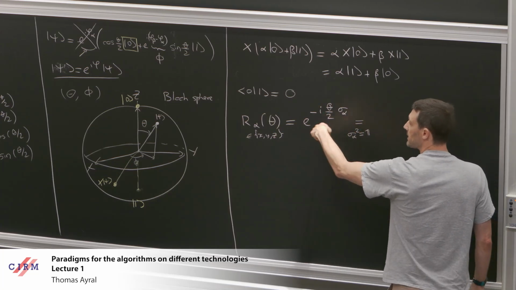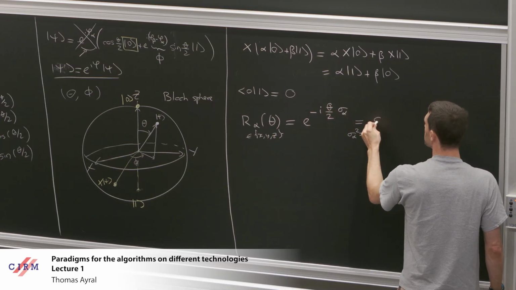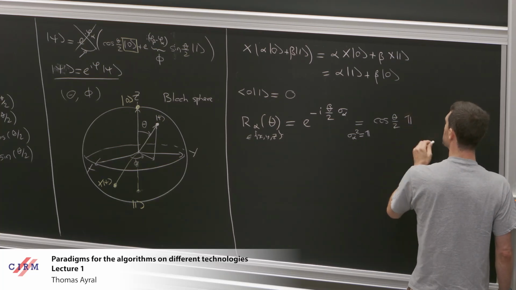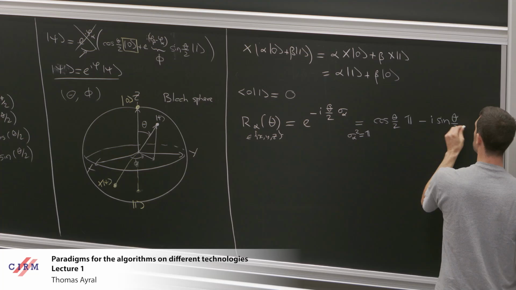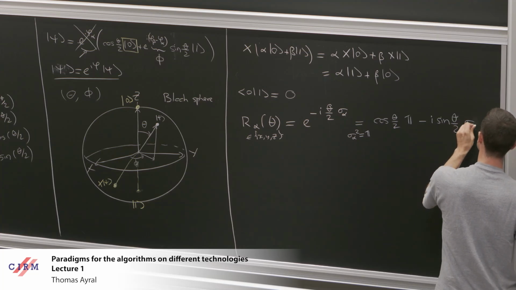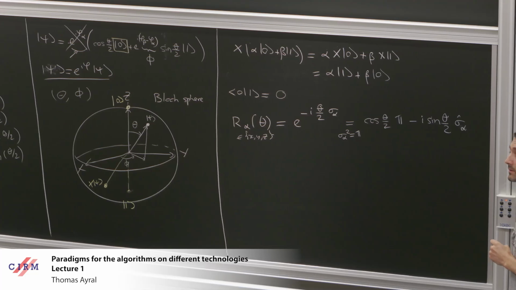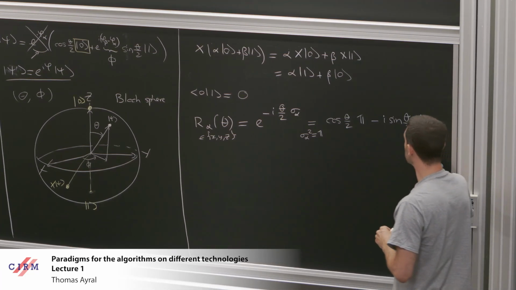If you write the power series for the exponential, you'll see that you obtain cosine theta half times identity minus i times sine theta half times sigma alpha. So that's a very easy identity to see.